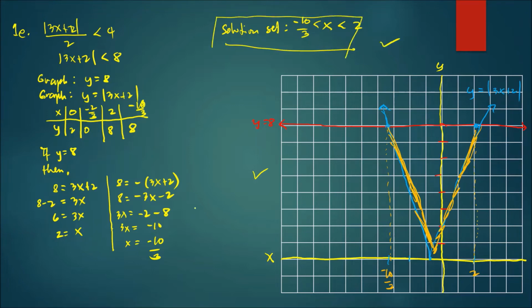Okay. Let's go to the next number. So we have 2b. We have the modulus of 2x minus 7 less than 4 for x greater than 0 but less than 6. Again, to solve this, we need to graph y is equal to 4.